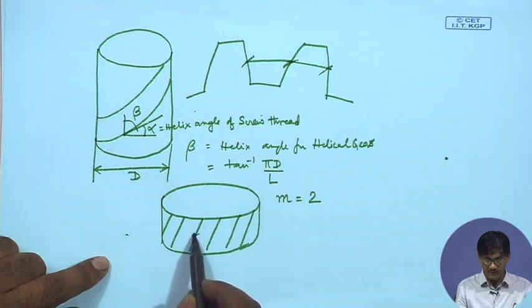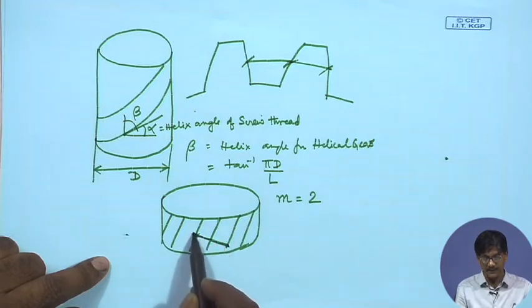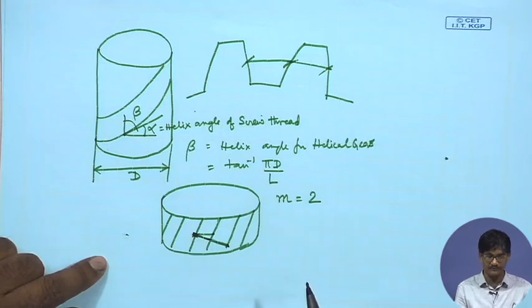Mind you, here this distance we have to define this way, perpendicular to the gear teeth orientation. This distance is defined by M. Therefore, this distance is larger than this particular distance, which we have to note.